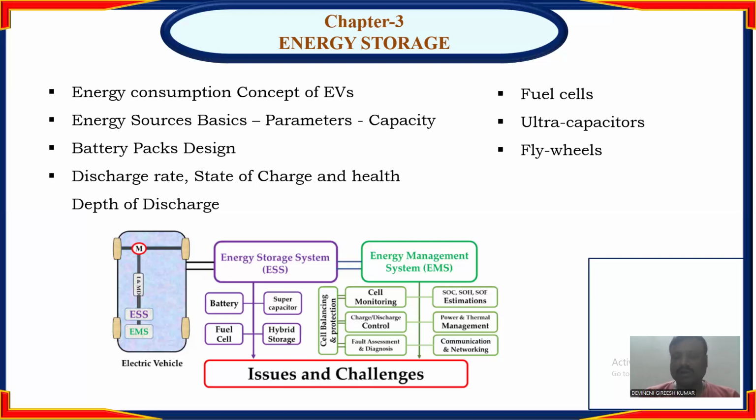Later versions also exist, like fuel cell based, ultra capacitors, and flywheels, and all of them together are discussed in this chapter. Also the state of the battery, like the charging state, the discharging state, the depth of discharge, the health conditions of the battery, and different parameters of battery pack design, we analyze in this chapter.